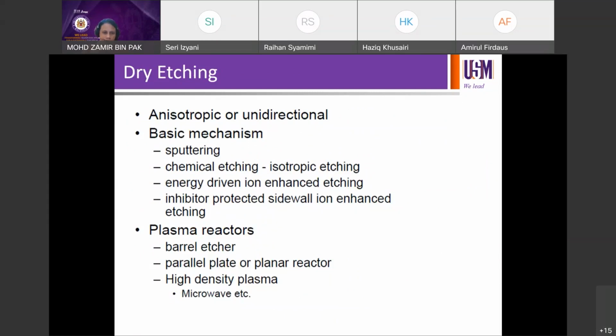Okay, ion enhanced has two: inhibitor, and energy-driven. Can also use plasma reactors. This is the equipment. The reactor is the chamber. So barrel etcher, parallel plate, high density plasma.